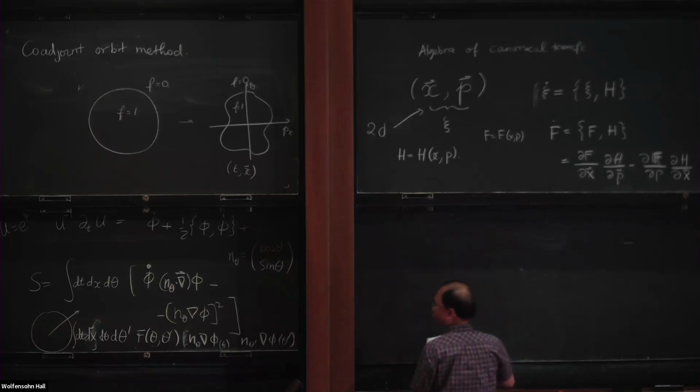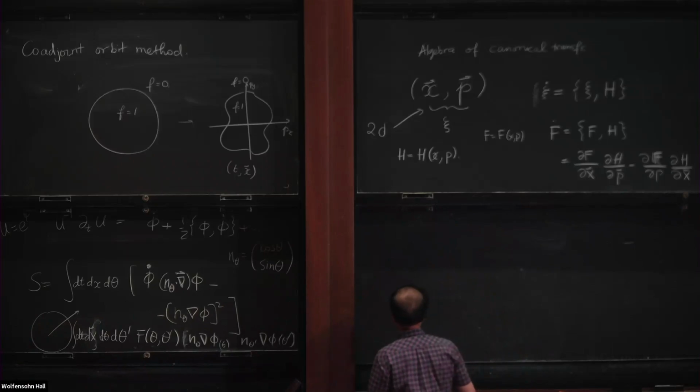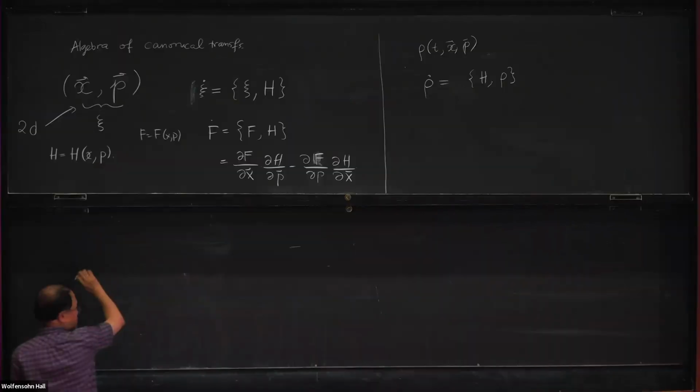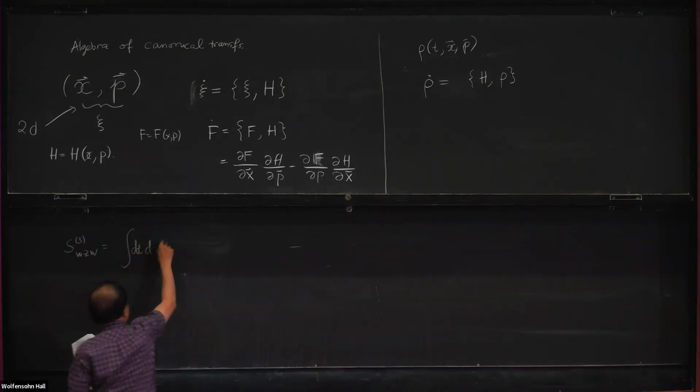If I expand the Wess-Zumino action, the third order term is an integral dt dx d theta.